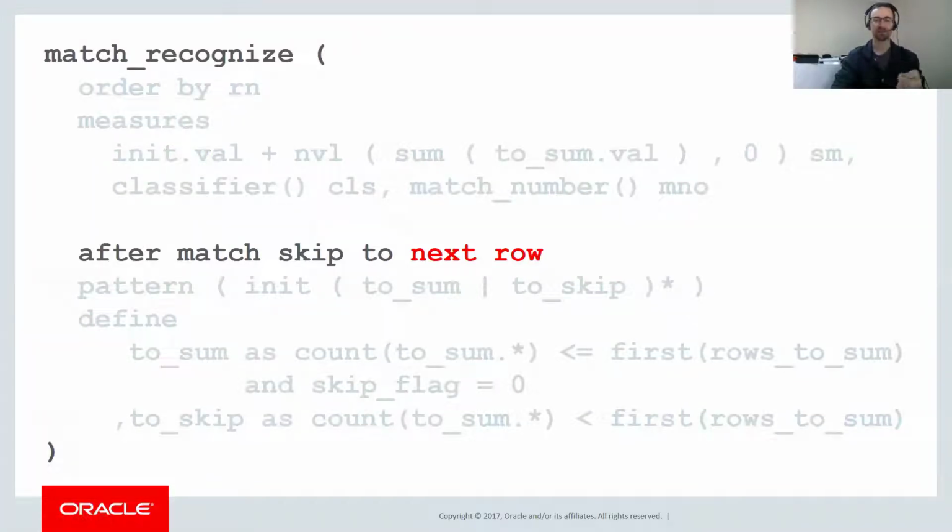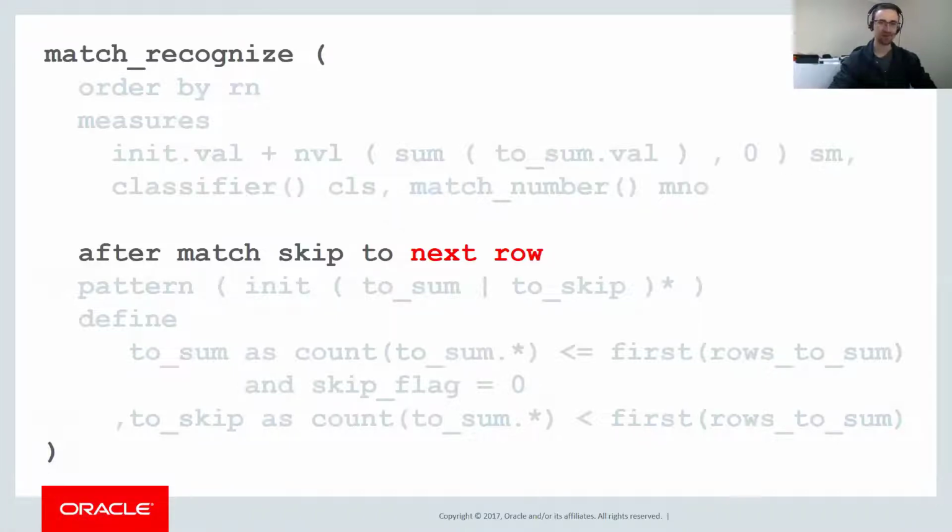What that means is start at the first row, work down the data set until we've completed our pattern, then go back up in our table to the 2nd row, repeat the process, go back to the 3rd row, repeat the process, go to the 4th row, repeat the process. So for every single row in the input data set, it's going to run through and see if we can find that pattern.